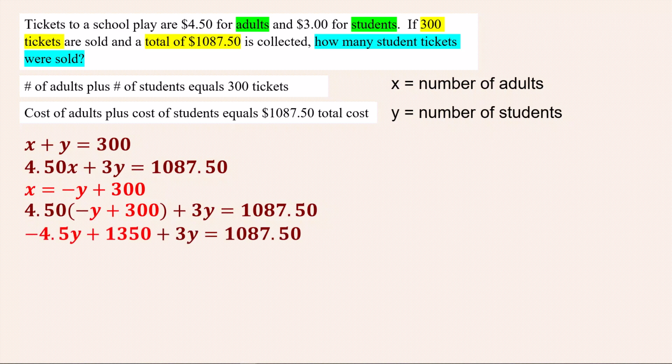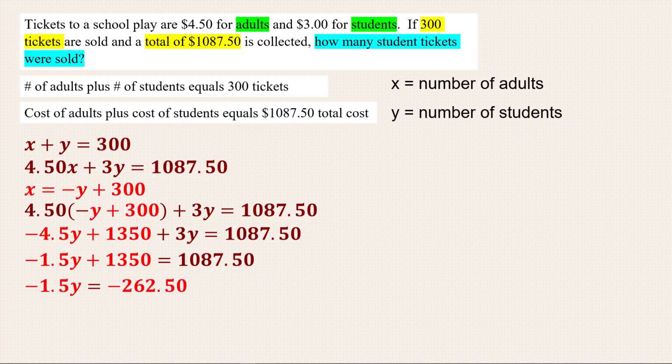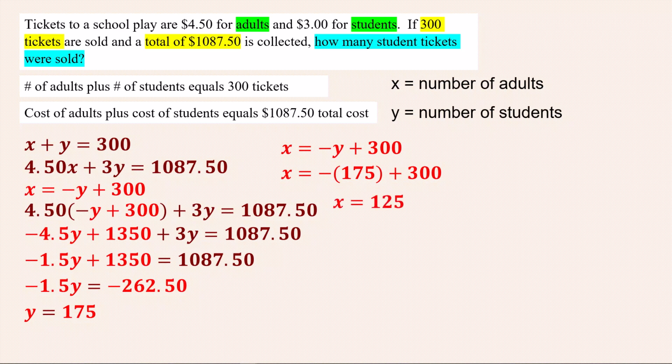We work through the equation solving process using distribution, combining the y terms, subtracting 1350 from both sides, and finally dividing by negative 1.5 to find 175 as the value for y. Replacing this value for y in the other equation shows x to be 125, the same solution we found by graphing.